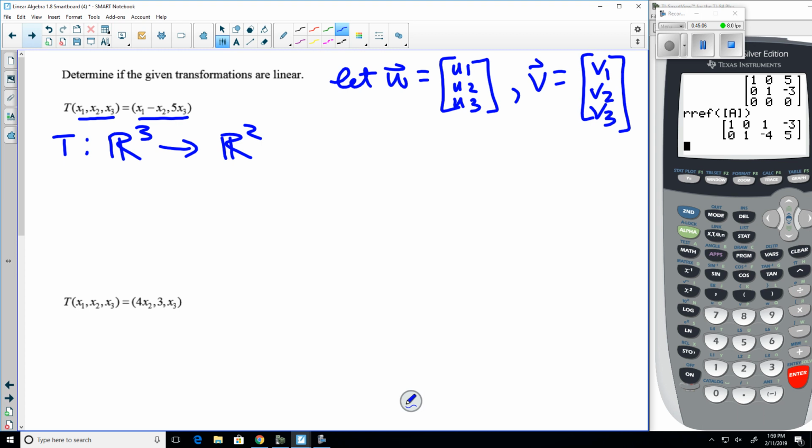So U1, U2, and U3 are the entries of U, and V1, V2, and V3 are the entries of V. And they could literally be any 2 vectors in R3, right? So if we show it's true for these, then it's true for all. Because we can plug in anything we want there, right, to make it work.